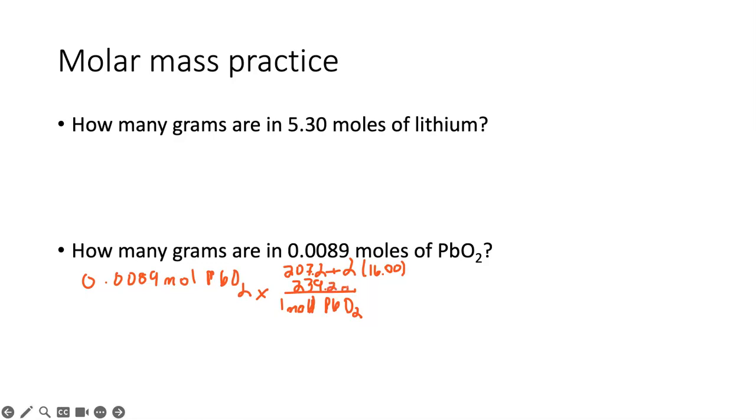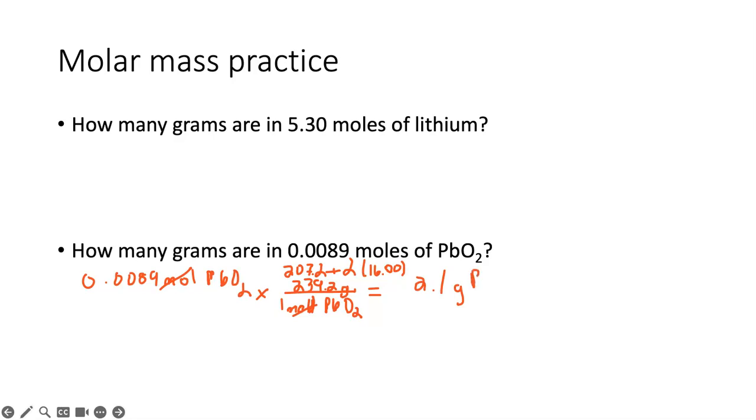The reason why this number is so high is really just because lead is so heavy. Lead by itself is 207.2, so when I add the oxygen in there, I get a much larger mass. And so when I multiply these 2 numbers across, and I divide across the bottom, my moles of lead oxide cancel out, and what I get is 2.1 grams of lead 4 oxide.